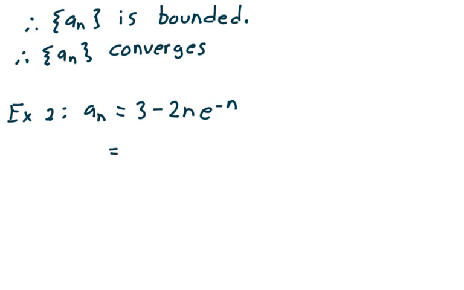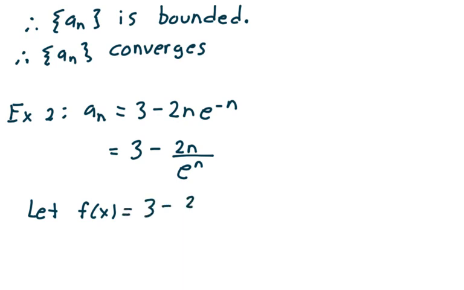Now, I'm going to write this as 3 minus 2n over e to the n. Now, what I'm going to do is I'm going to let f of x equal 3 minus 2x over e to the x, and again, our focus is on 1 to infinity.